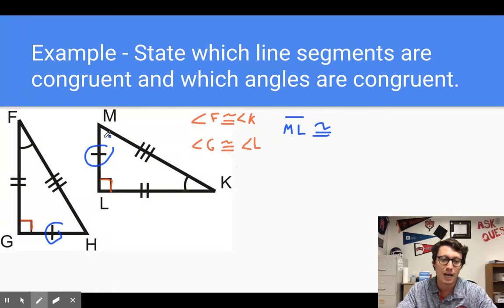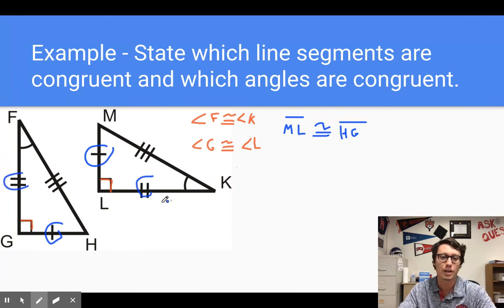Notice angle M doesn't have any congruency lines over here, and angle H. So since I put M first here, I have to put H first: HG. Same thing, I could have done LM and then I would have to switch it to GH as well.